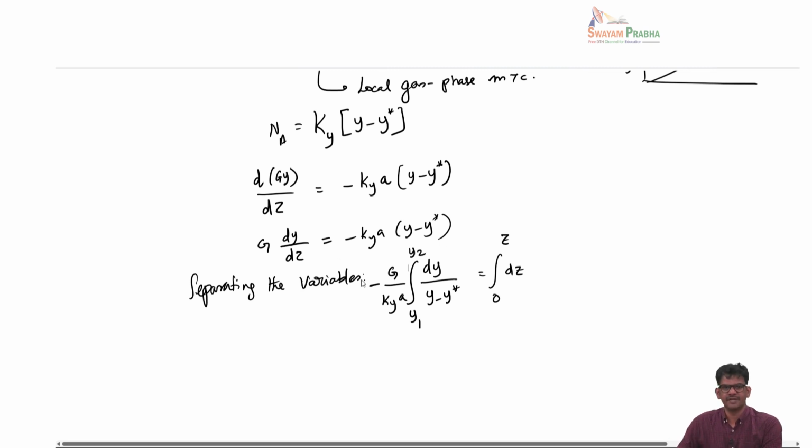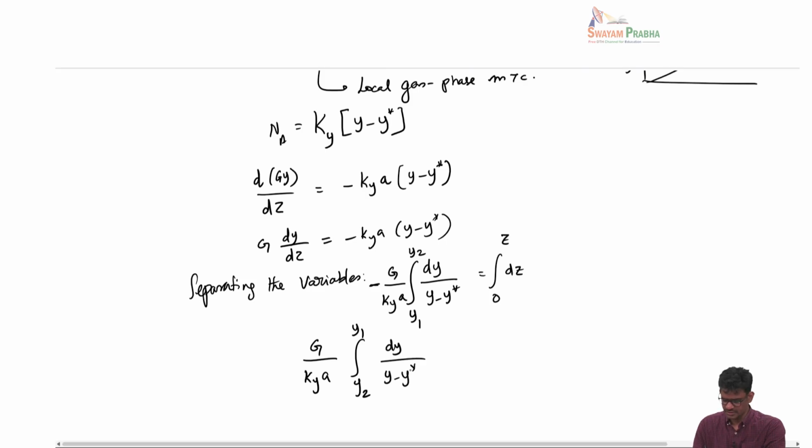I can integrate from 0 to z, that is from the bottom to the top of the column, and the corresponding composition goes from y1 to y2. Now I can absorb this minus sign by changing the limits of the integral. So I can write G, integral from y2 to y1 of dy by y minus y star, and that is z.